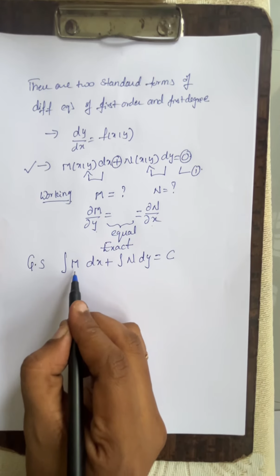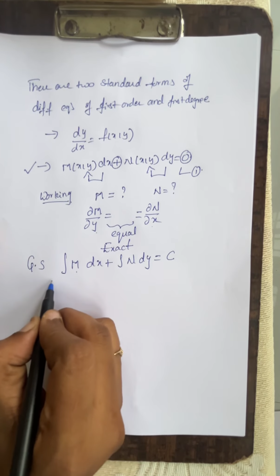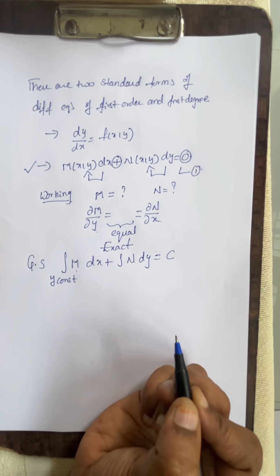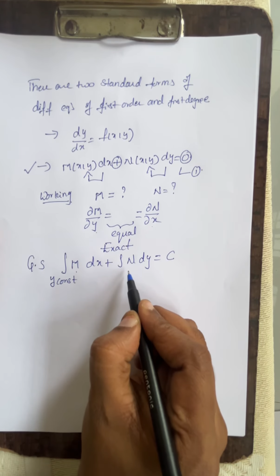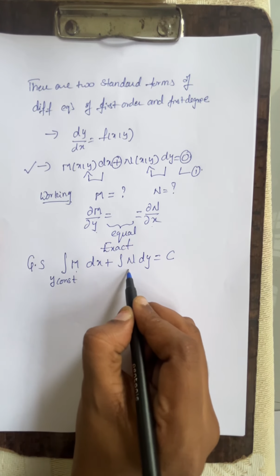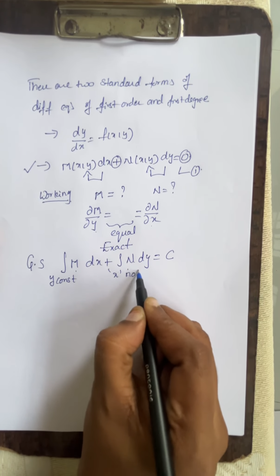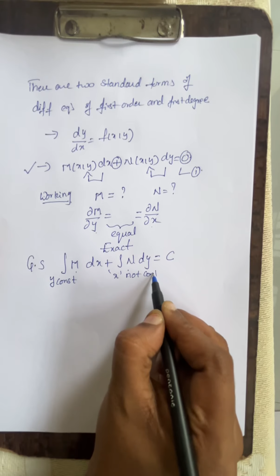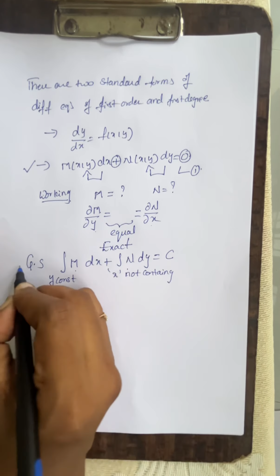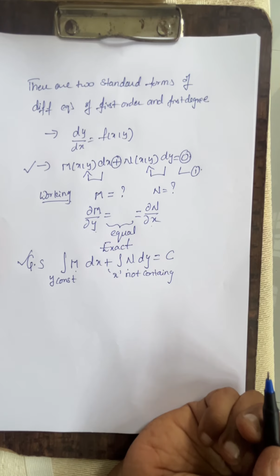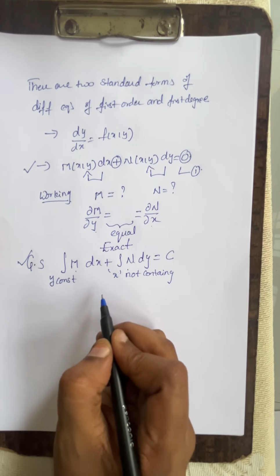But before integrating m, we suppose y is constant, and before integrating n with respect to y, we need to consider the terms which are not containing x. Using these conditions, we need to find the solution of the given equation. This is called exactness method type 1.